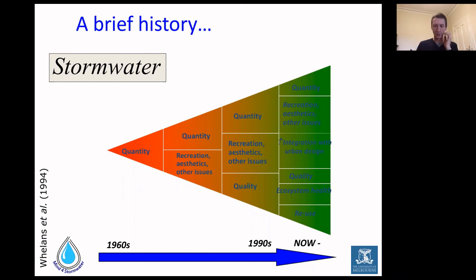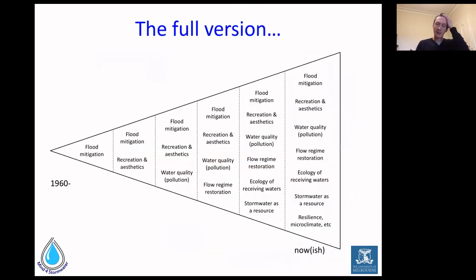And ultimately, we see in the stormwater area a movement towards a much more complex set of objectives or criteria we're thinking about. So this is the sort of more complete version, where we're really now moving from what was a single objective management to now very multiple objective management.